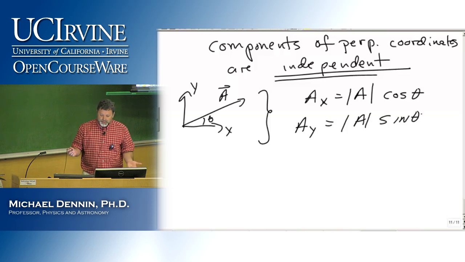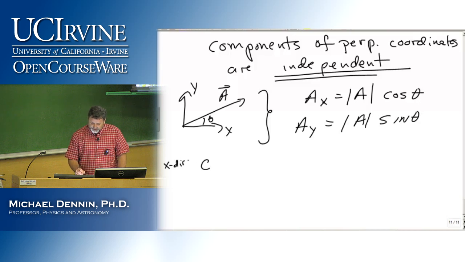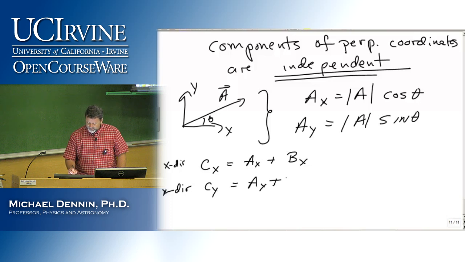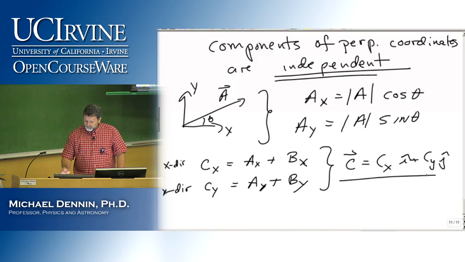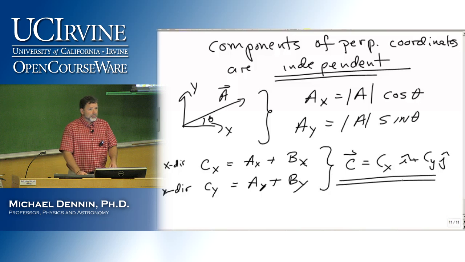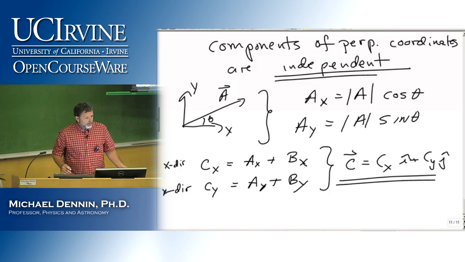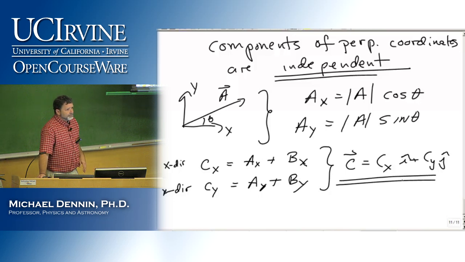And I have another vector B with the same sort of thing, and I want to make C. I can do the x direction. I can find CX is AX plus BX. And in the y direction, I can do CY equals AY plus BY. And that'll give me the vector C, which is CX i hat plus CY j hat.